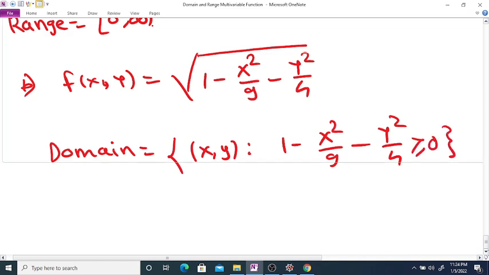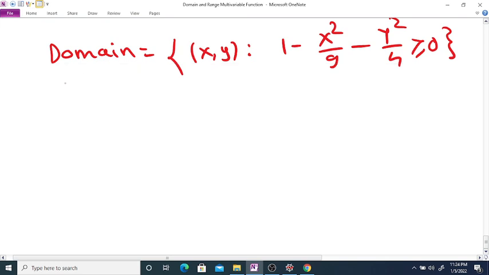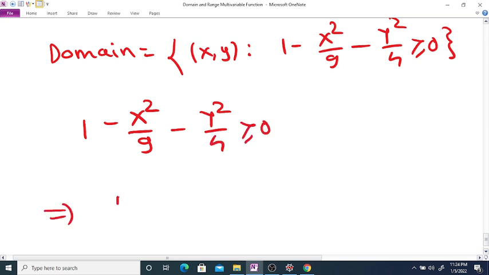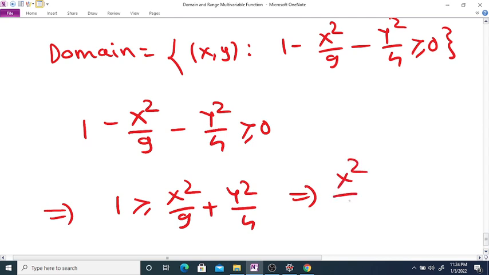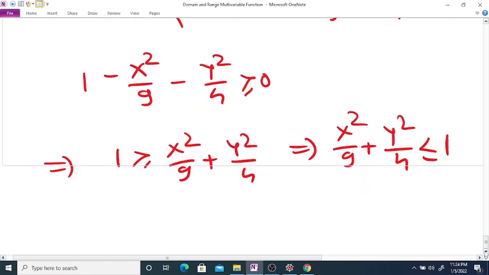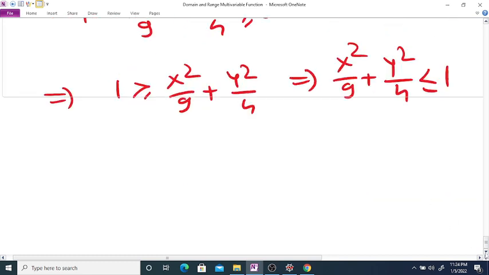If we solve this inequality, 1 is greater than or equal to x square by 9 plus y square by 4, that is x square by 9 plus y square by 4 is less than or equal to 1. This is an ellipse having major axis 3 and minor axis 2.